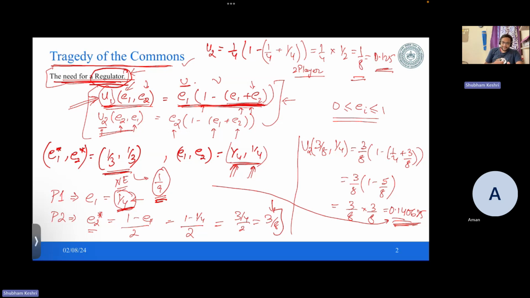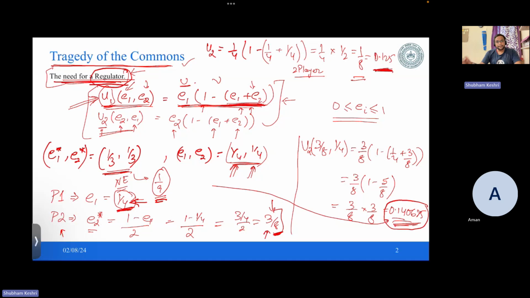What I am saying is, suppose there is a regulator and he is saying play 1 by 4. Now player 1 is playing 1 by 4, but player 2 is saying that I will deviate to the best response I can do. And the best response of player 2 is 3 by 8. Because he's playing 3 by 8 instead of 1 by 4, he's obtaining a payoff of 0.14, which is actually higher than the Pareto optimal payoff.